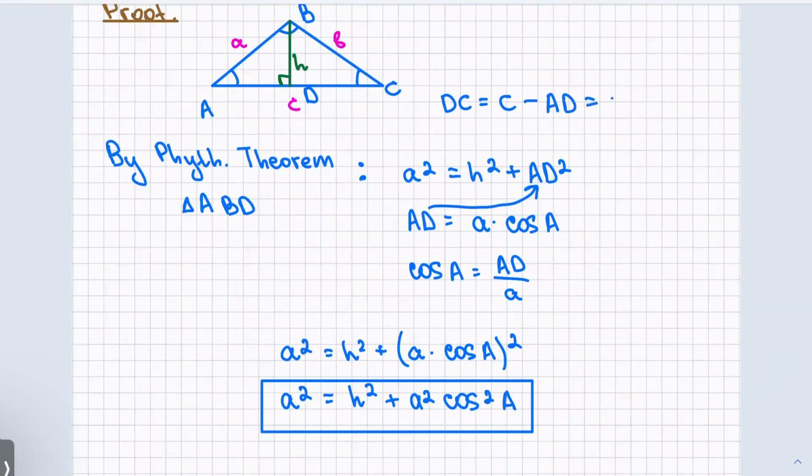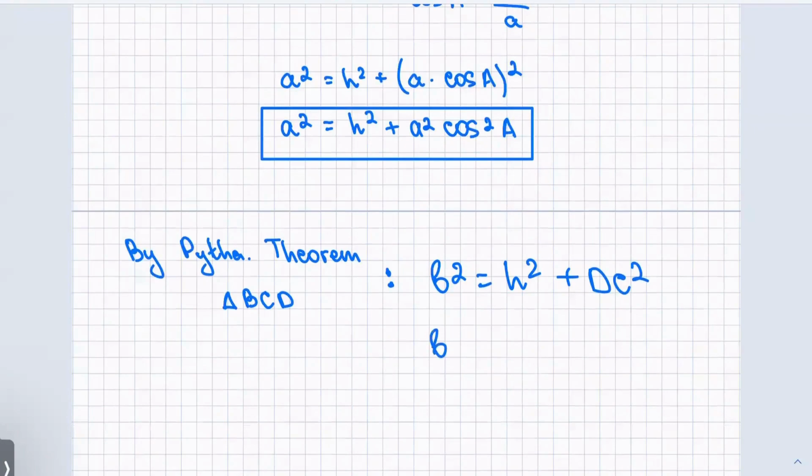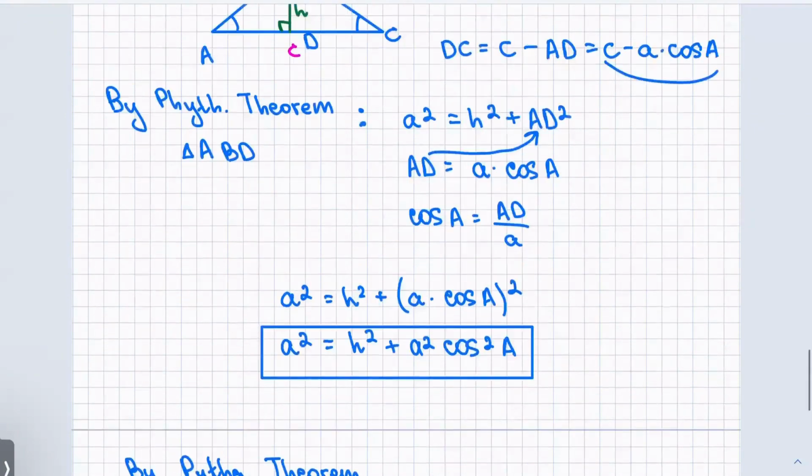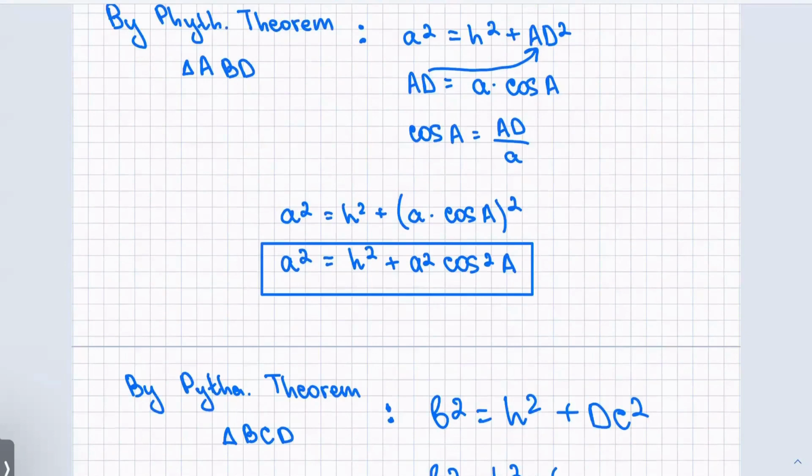But we know what AD is. So it will be C minus A times cosine A. So that is our DC. So if we go back here to B squared, we will get H squared plus C minus A times cosine A squared.